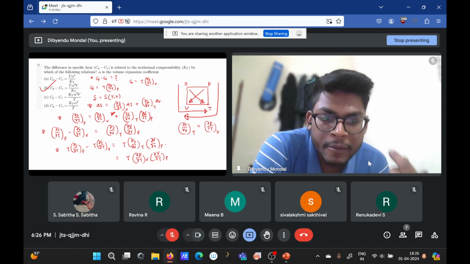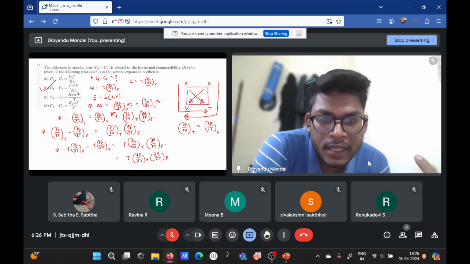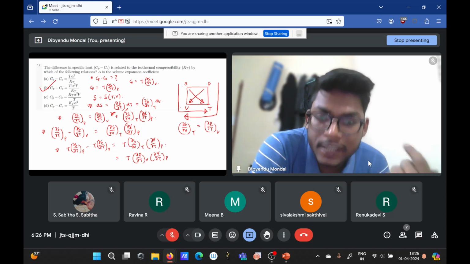So entropy can be written in terms of T and V, or T and P. Here we have written T and V. So dS, the differential form of S, can be written using multivariable calculus: the change in S with respect to T keeping the other variable V fixed, del S del T at constant V times dT, plus similarly for the other variable, del S del V at constant T times dV.